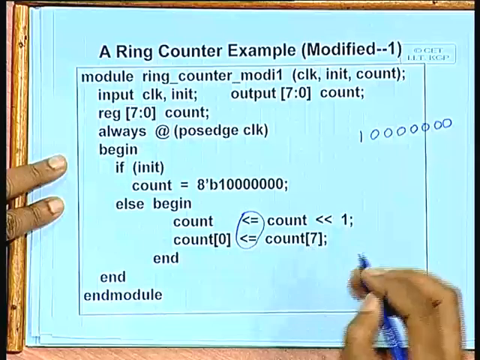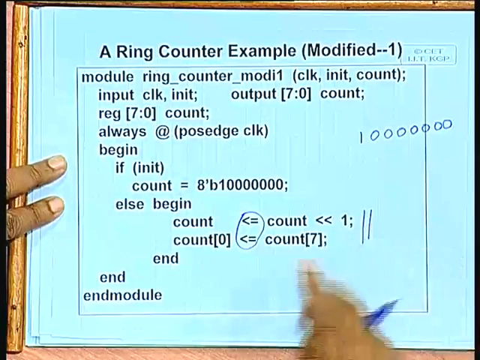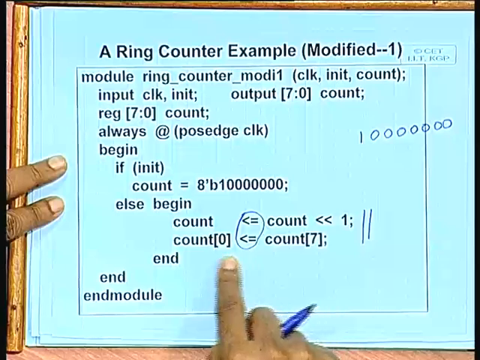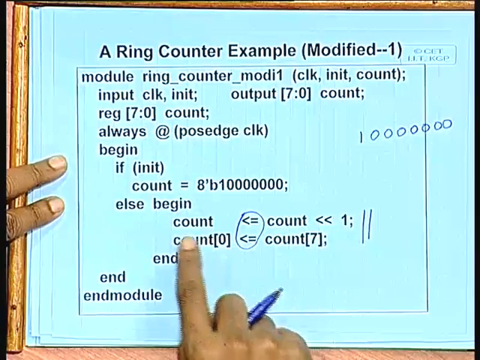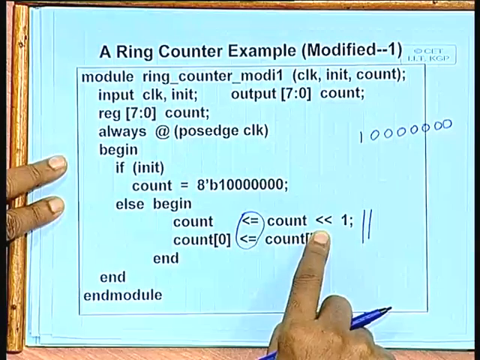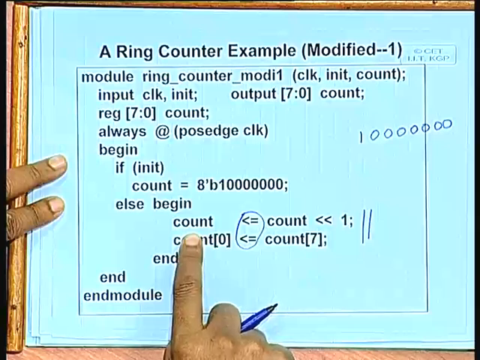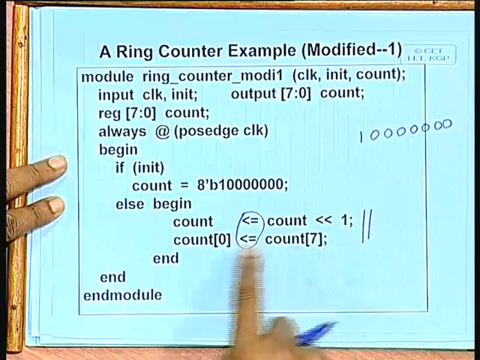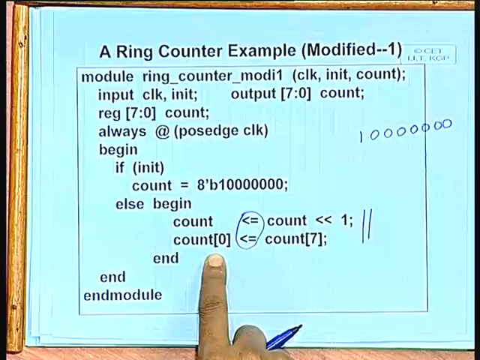This is all right, but you can take this solution with a pinch of salt. You are not sure what the synthesizer will really do. Now in the first statement, you are assigning something to an 8 bit register. In the second statement, you are assigning something to the least significant bit of the same register.